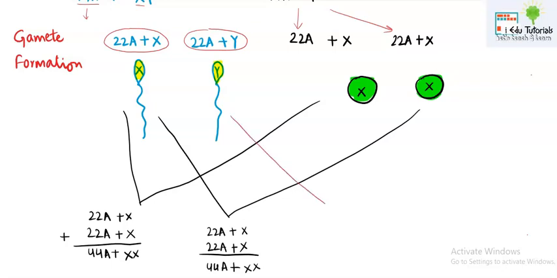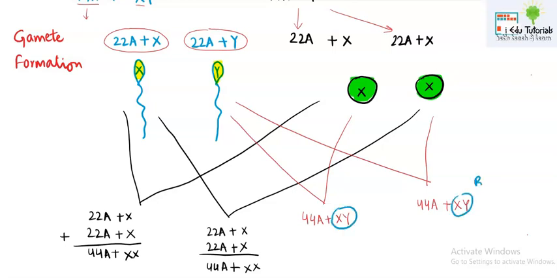Now this Y sperm can fuse with this or it can fuse with this. That means 44 autosomes will be there, along with that XY chromosomes will be there. So XY always means boy, because you have seen that human males only contain such type of sex chromosomes. Here XX always means girl child, right?